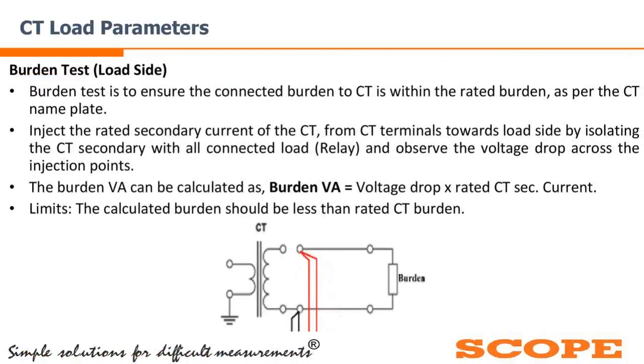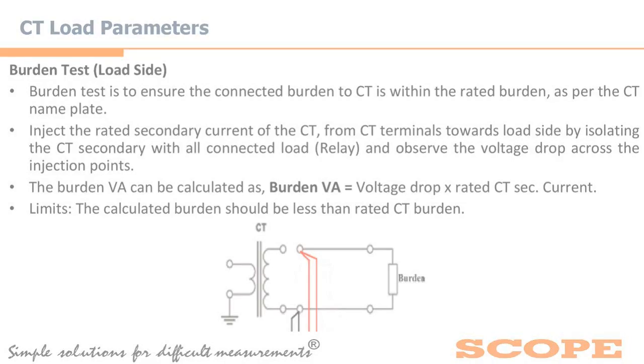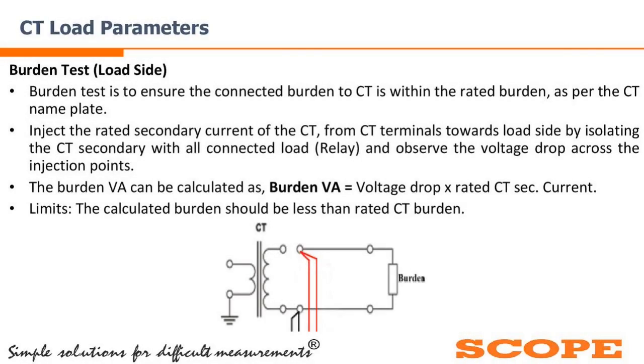Similarly, the burden test is carried out on the load side. Here you can see in the image. For that, we inject rated current from the secondary side on the burden and measure the voltage drop across it. The burden test is to ensure the connected burden to the CT is within the rated burden as per the CT nameplate.